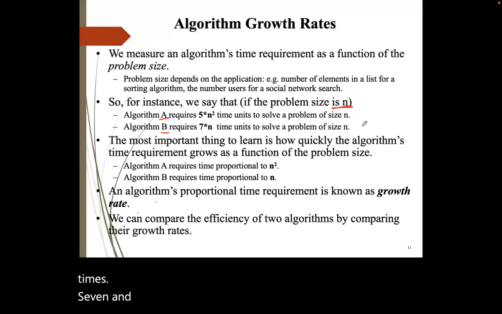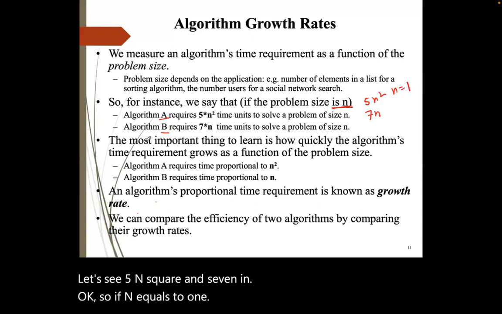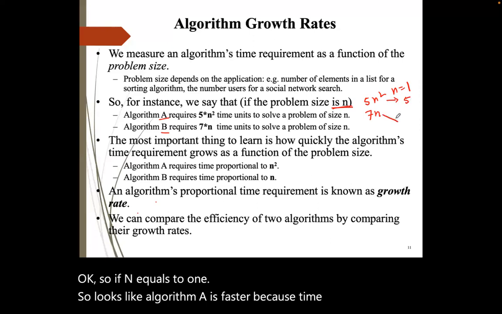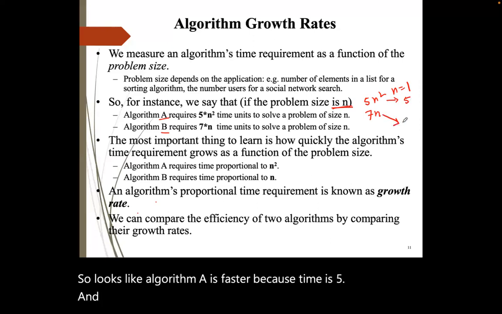So let's see 5n² and 7n. If n equals 1, algorithm A looks faster because its time is 5, and algorithm B requires 7.